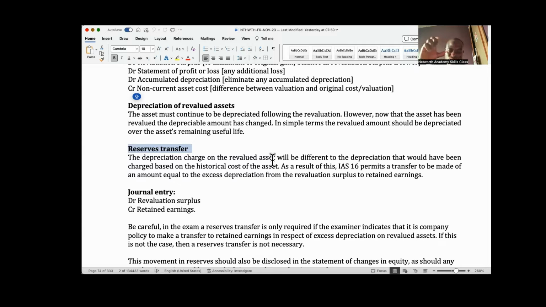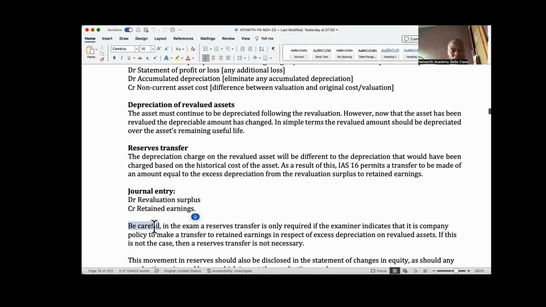This difference between the new depreciation and the old depreciation, we call it excess depreciation. So IAS 16 allows that you should transfer these amounts equally every year from the surplus to retained earnings. So every year you are taking it out from the surplus. That's why we are debiting it, and you are crediting your retained earnings.